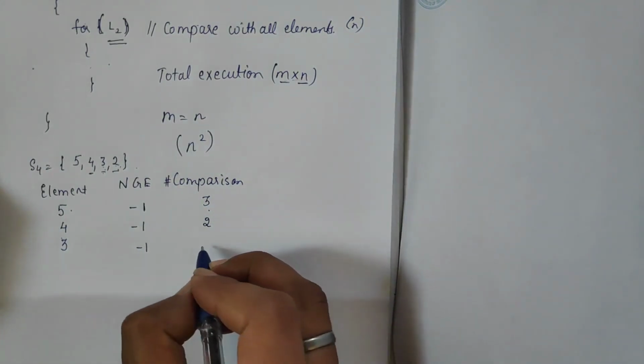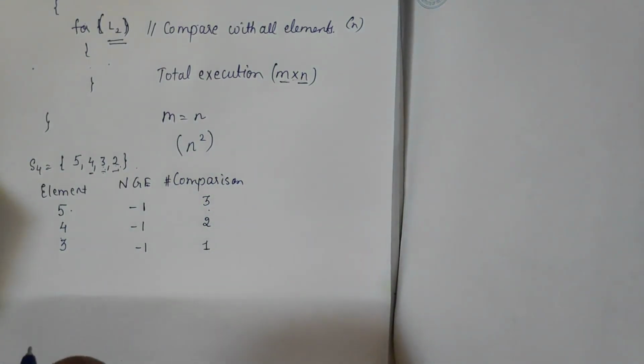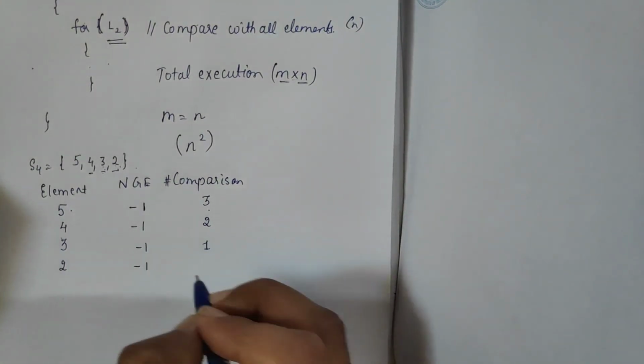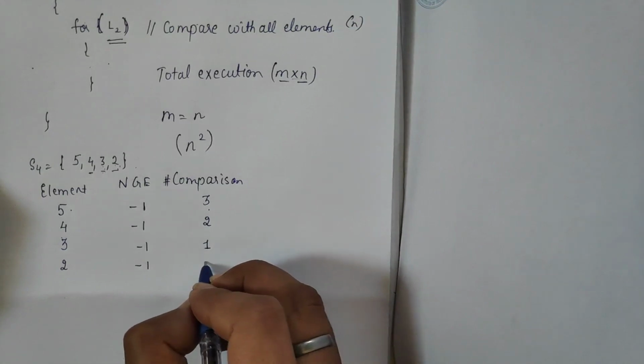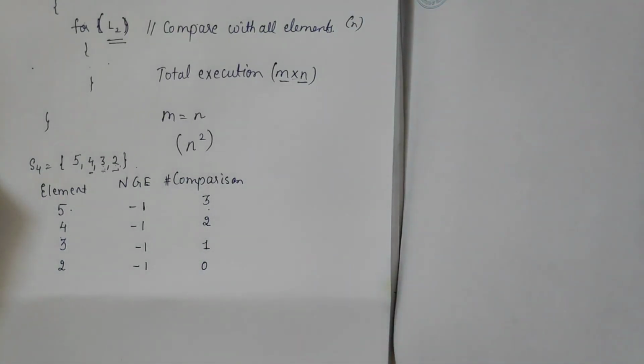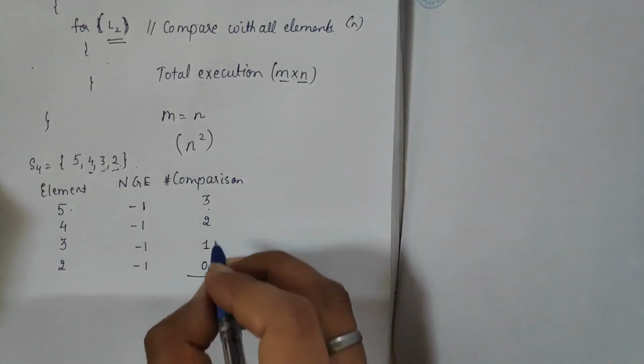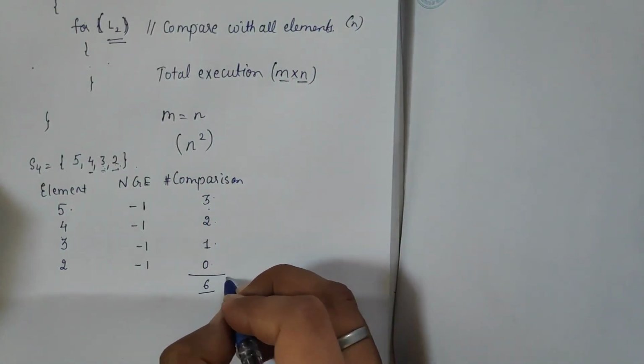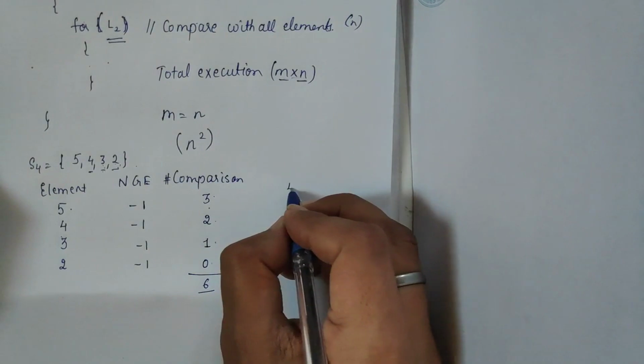It is smaller, end of the array, and then I have 1 comparison. And finally for 2 it is the last element, the next greater is -1 and I did not require any computation. So number of comparisons is 3 plus 2 is 5, plus 1 is 6. So 6 comparisons are required for 4 numbers.